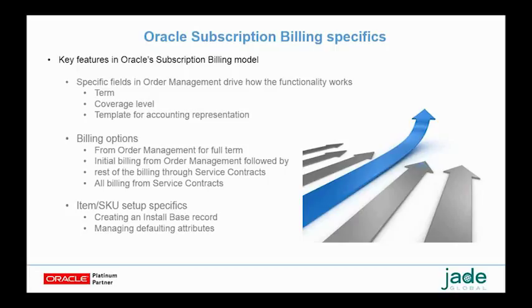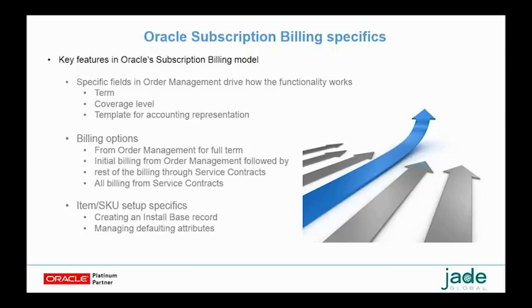There are some setup and configuration specifics that need to be taken care of. You need to create an item that is termed and categorized as a subscription billing item. Most service contract items in the traditional service contracts perspective are managed by having an install-based record. The subscription model does not necessarily require that, so there's a choice whether you want to do that or not.